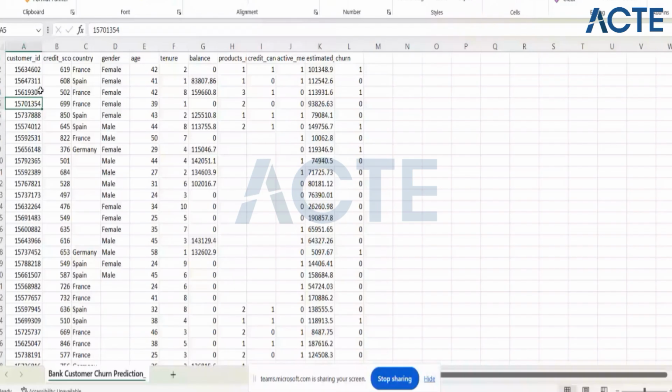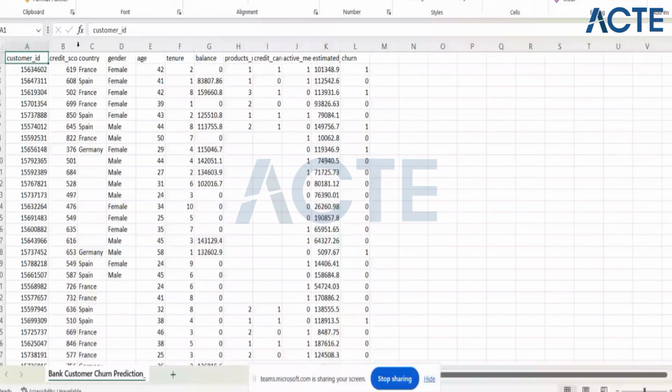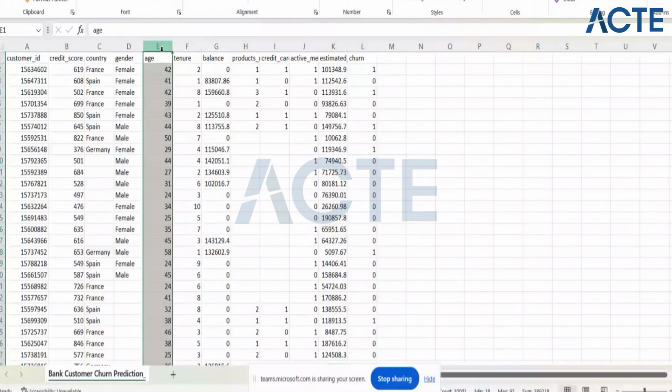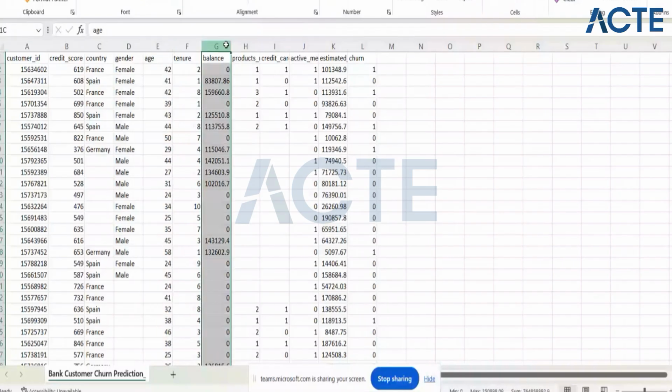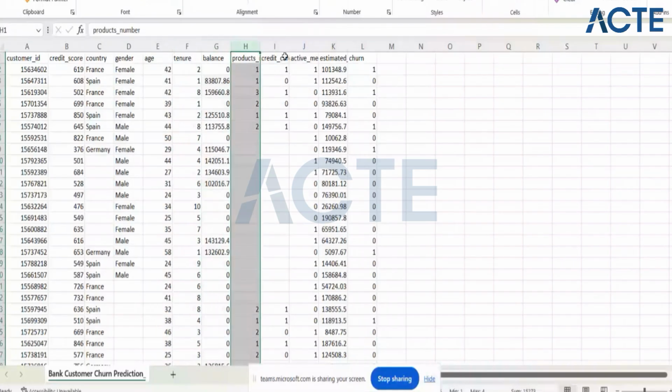Column number 2, credit score, country, gender, age, tenure, balance, product number, credit card, whether a credit card is taken, active member, estimated salary, which is how much salary the person is getting, and whether it's going to be a churn. Churn in the sense of defaulter or non-defaulter, right? Understood? Yes, sir.